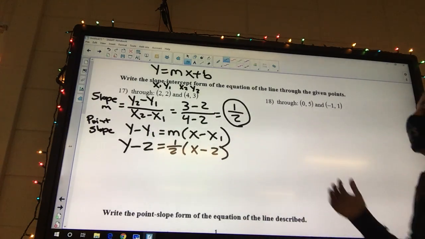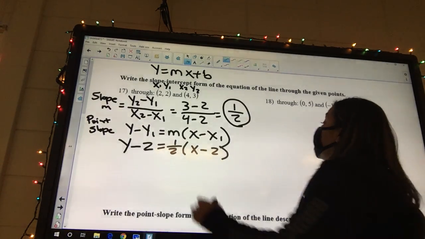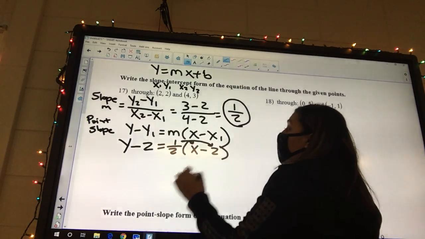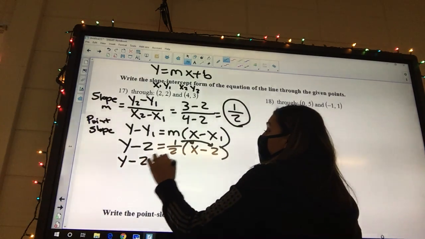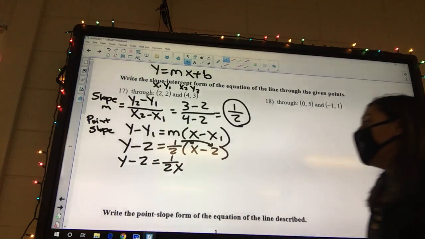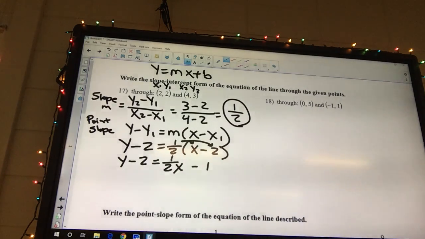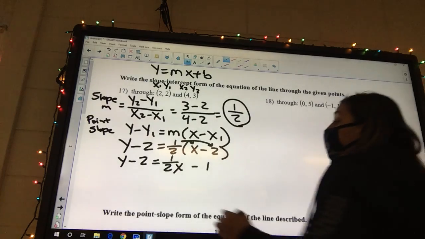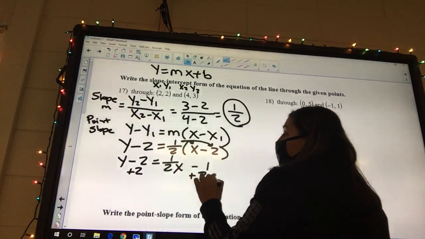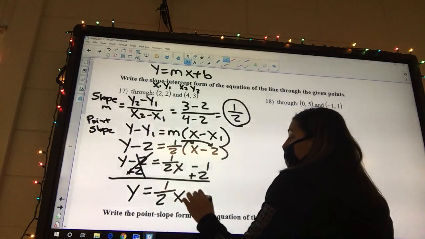We are not done because up here does not have parentheses, so I still need to keep going, and I'm going to have to distribute. y minus 2 equals 1/2 x, and then 1/2 times negative 2, when we type those in on our calculator, is negative 1. Then we say plus 2 on both sides. So I got y equals 1/2 x plus 1.